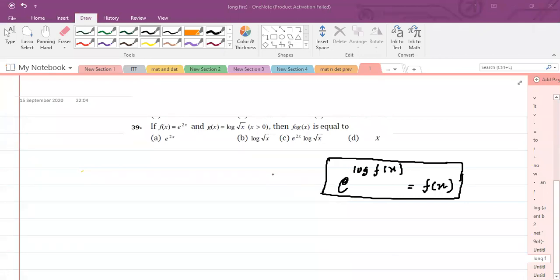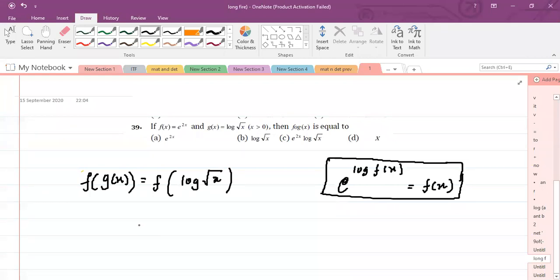Yes, excellent. Your answer is right. So f of g of x, where g of x is log root x.